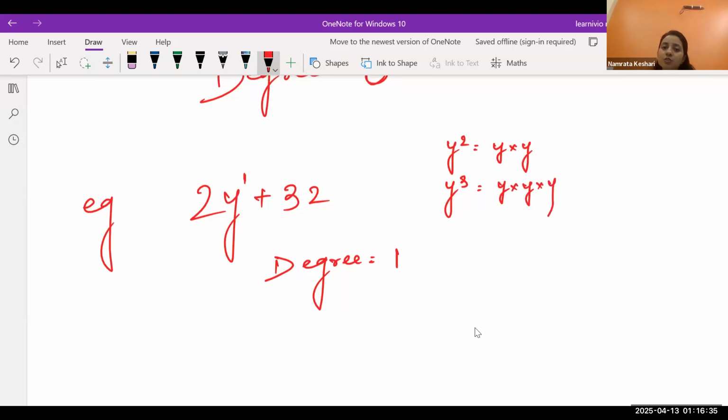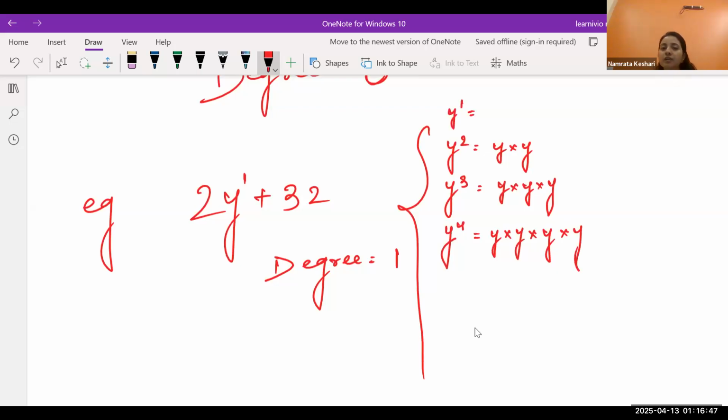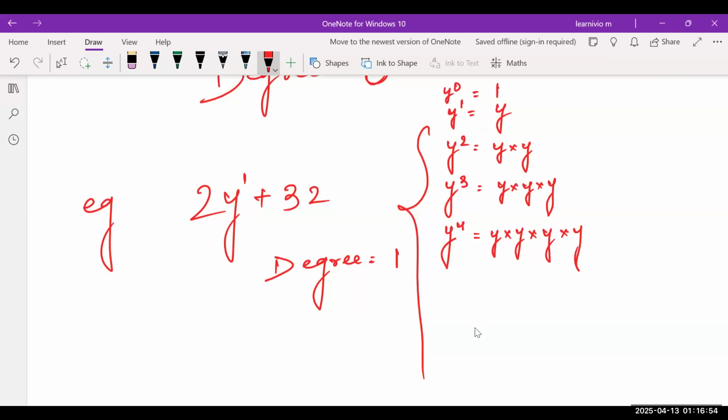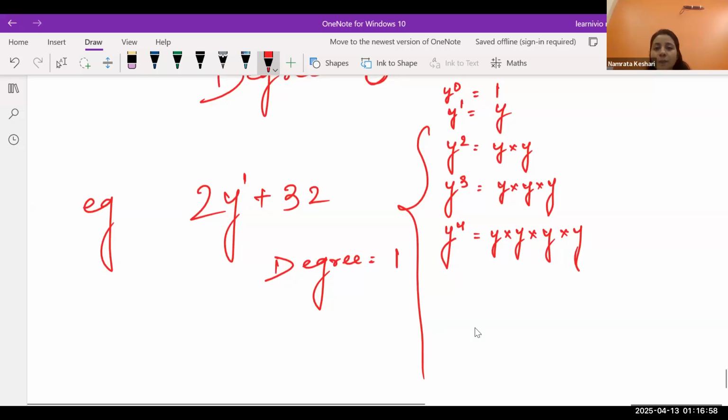You have learned algebraic expressions in the previous class, still I am giving you a brief. y to the power 4 means y multiplied four times. y to the power 1 is just y. And y to the power 0 is only 1, right? Yes, ma'am. All of this is making sense now.